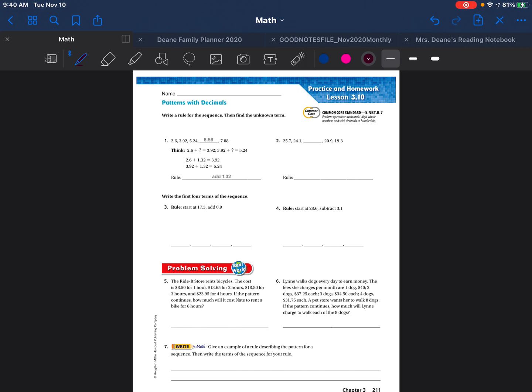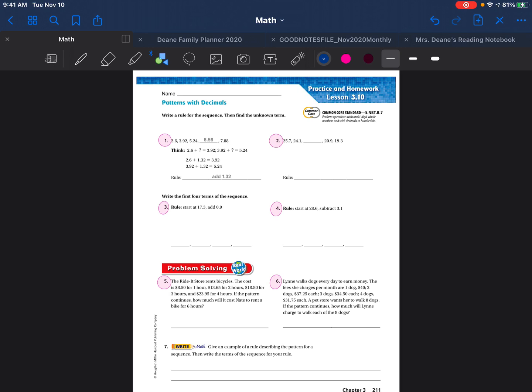So for homework, you guys have page 211. And I always assign you number 1, even though number 1 is done for you, but I always really would like you to look at it as a good example before you get started. So you guys are doing 1 through 6. My blue group, and remember, it's always on Google Classroom.